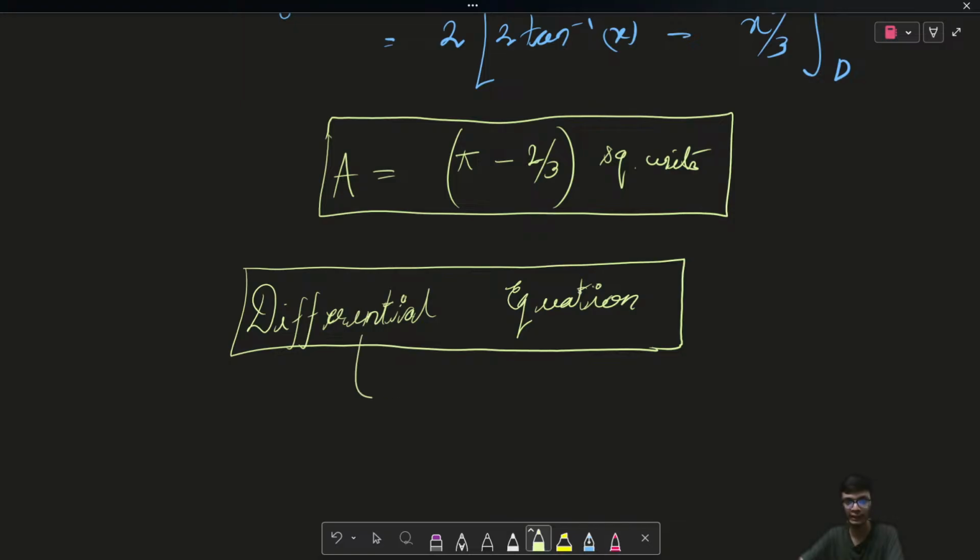It is also not true that an analytical solution of a differential equation will always exist. With this idea, I will conclude my session over here, and I wish to see all of you again in tomorrow's session on differential equations.